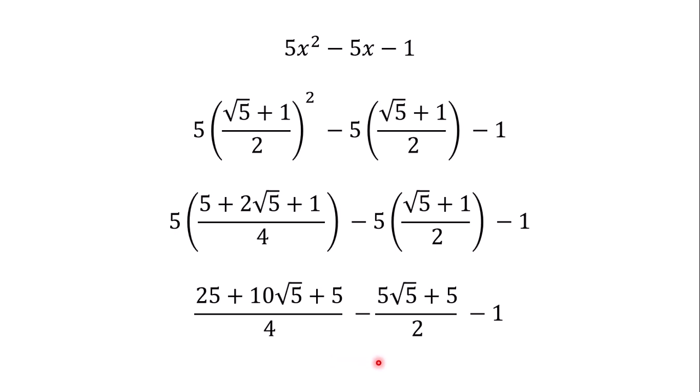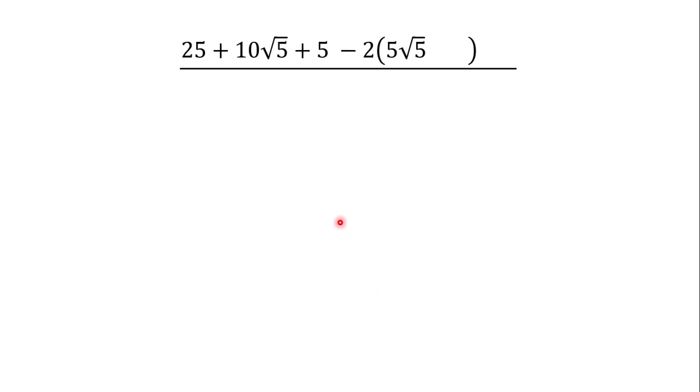LCM, and then we just add all the numerators together and see what we are going to get at the end of the day. Okay, good. Now when we do it like that, you're going to get 25 plus 10 root 5 plus 5.